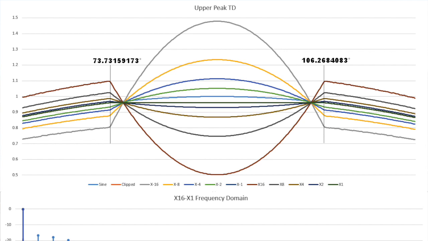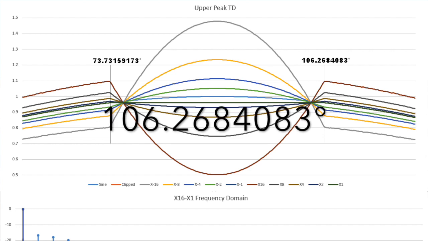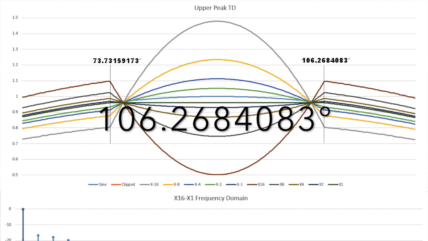Law 2 is, look at the angles. 73.73159173 degrees on the front of it. So all of the distortions start exactly at 73.73159173 degrees on the positive peak, and they end at 106.2684083 degrees.